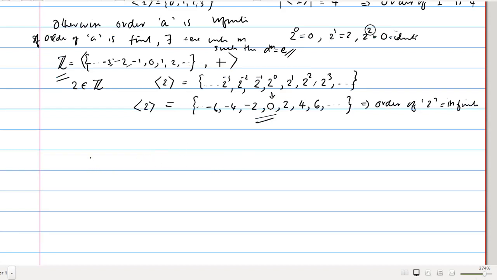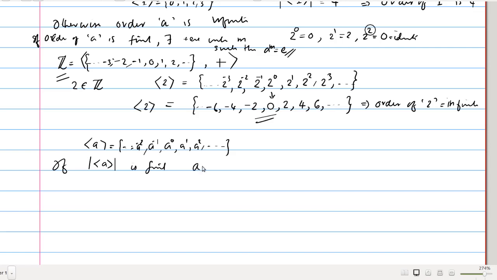That is because the subgroup generated by A consists of A raised to 0, A raised to 1, A raised to 2, etc., A raised to minus 1, A raised to minus 2, etc. If this is finite, we can say that all these powers of A are not distinct.